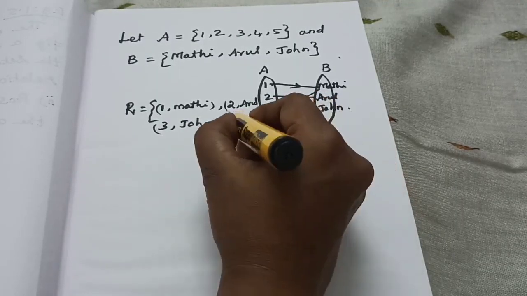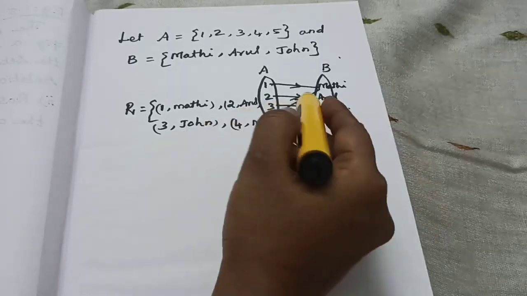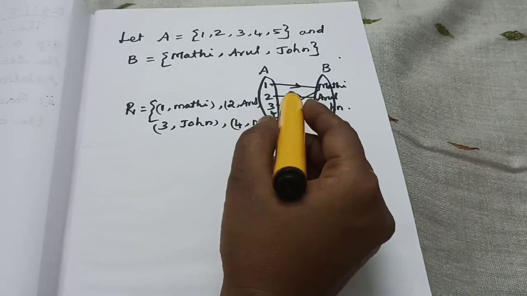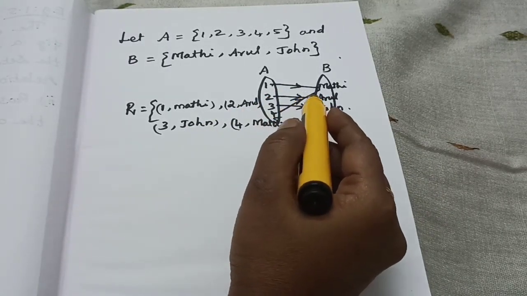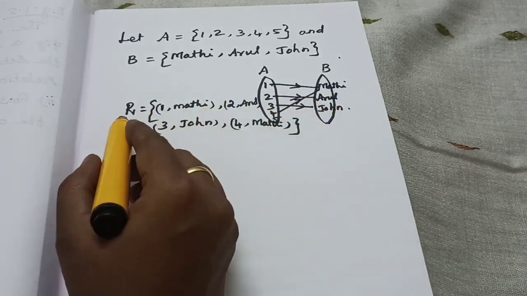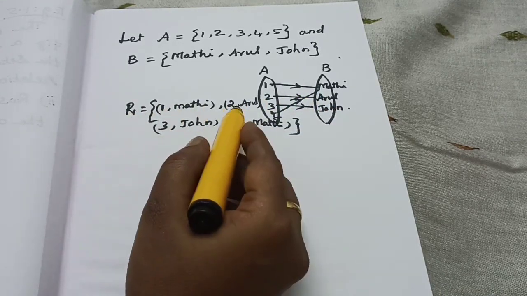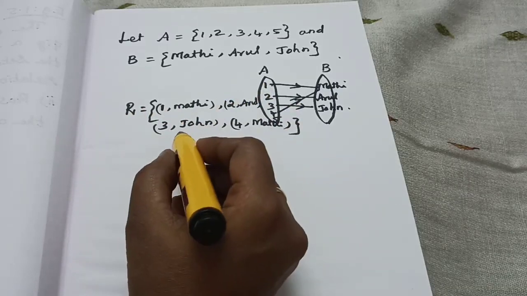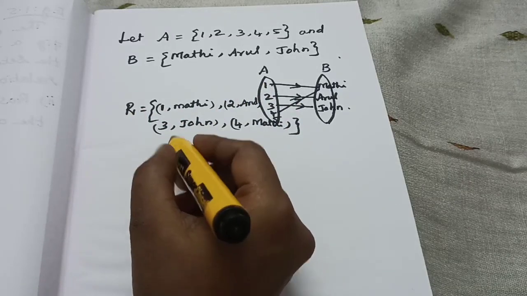This is the relation given here, isn't it? By arrow diagram we can write like this. This is the relation.